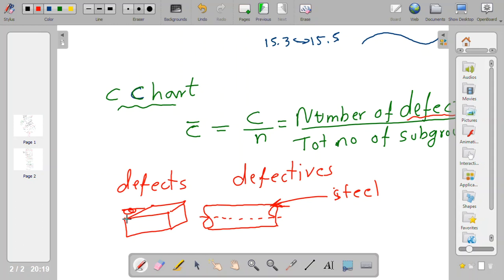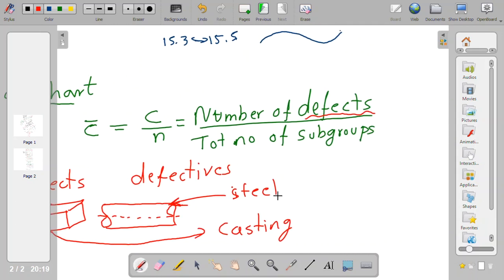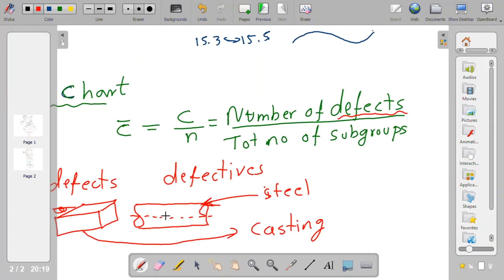Okay, so how are they manufacturing this? They are doing it by casting. In casting many defects will be there, like blow holes, small small blow holes. If quality is not good, if temperature is not maintained, then this kind of holes will be produced inside this shaft.